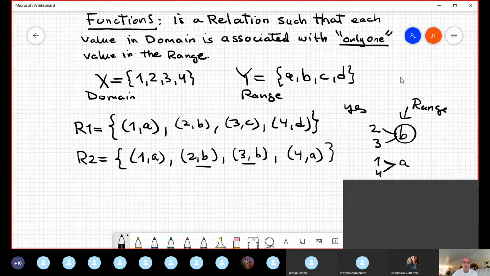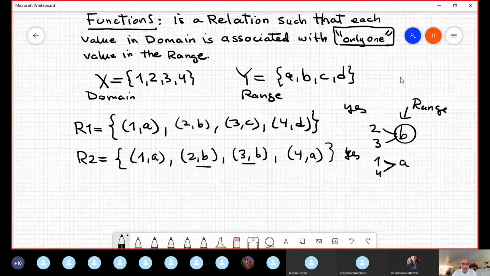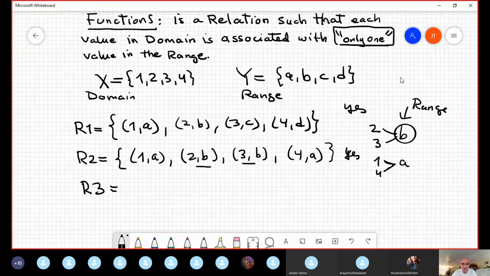But the answer is yes. It is a function again. Not perfectly one-to-one, but it's many-to-one. And remember, the definition says only one in the second set, which is the range. There is no contradiction. The definition works perfectly in this example.